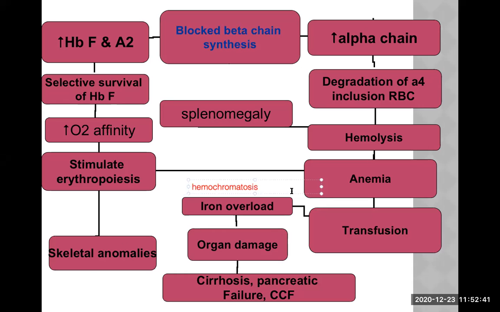Now, remember, whenever there is hemolytic anemia, the spleen is the organ which removes or destroys the affected RBC. Along with that process, the spleen will enlarge in size. This is splenomegaly. So these are some of the important features. Let us move further. We'll again talk about this in the next slide.